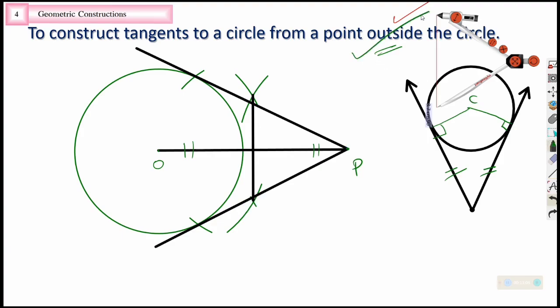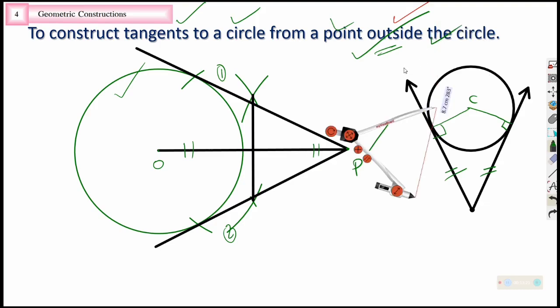What is the construction? Construct tangents, one here, two here, to a circle. Circle is this. From a point, this is a point outside the circle. And we know that two tangents are possible, so we did draw two tangents from that point.